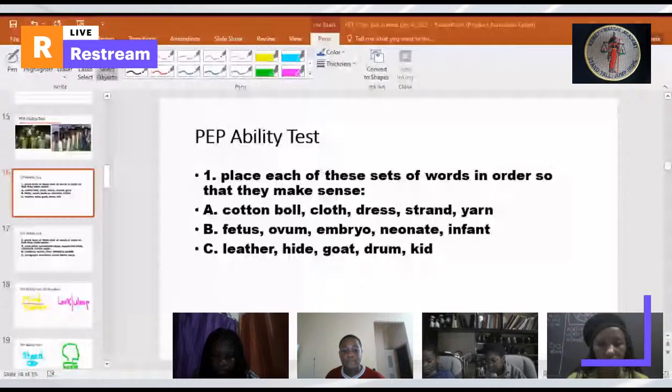Yeah, that is. So we have the cotton ball plant, then we make that into a strand of cotton, then the yarn, then the dress. So correct.